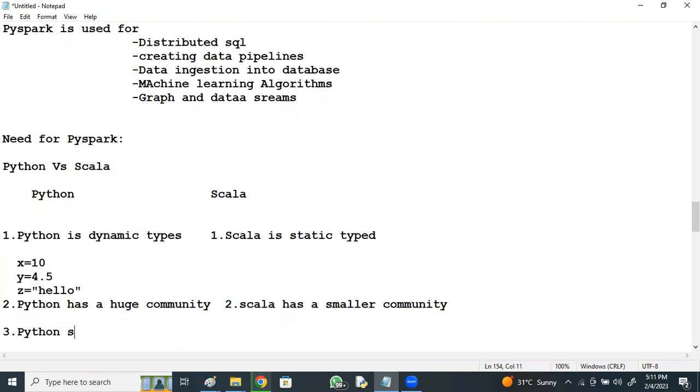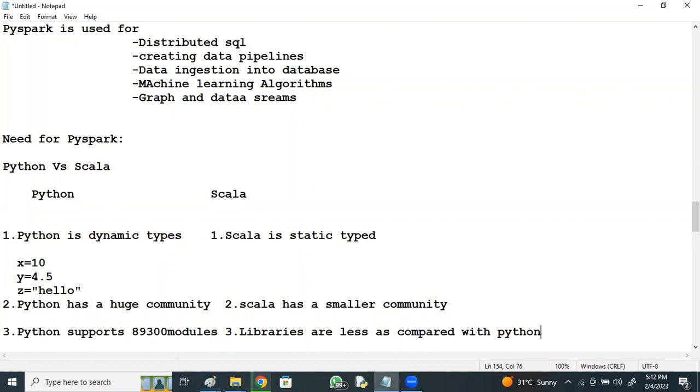Python supports nearly 89,300 inbuilt modules for various domains, right? But Scala has a little less. So there is no concept of modules here. Libraries are fewer as compared with Python, right?